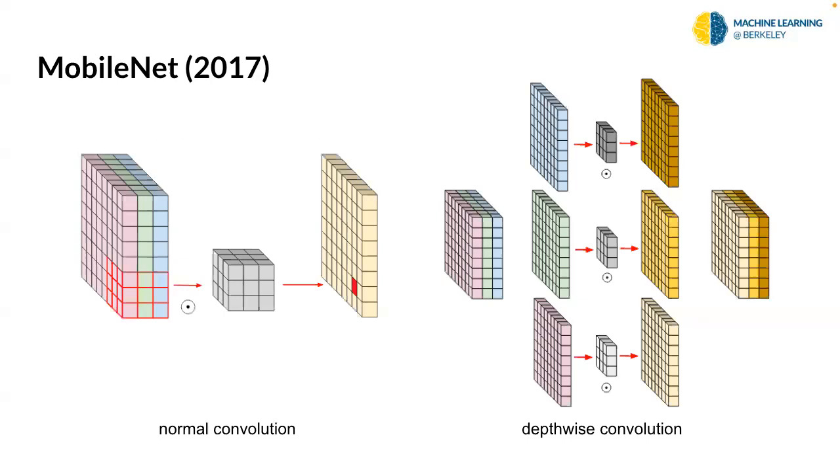So first off, let's talk about depth-wise convolutions. On the left, you have a normal convolution. You have an RGB image, you have a 3 by 3 by 3 convolution kernel, and that's going to become 1 pixel in the output feature. With the depth-wise convolution, instead of summing over all the channels, we skip summing over the channels, and each kernel is going to produce 3 outputs in the output feature map.